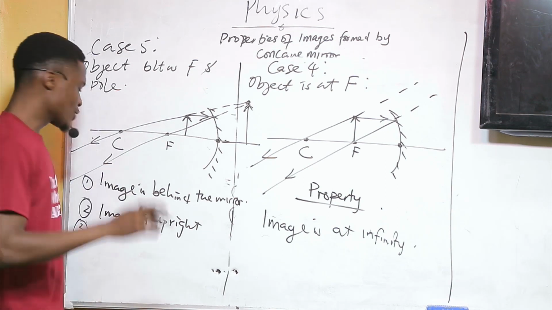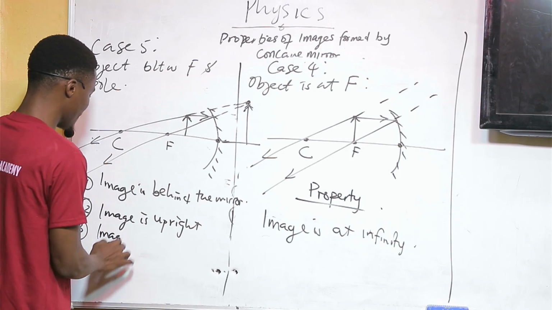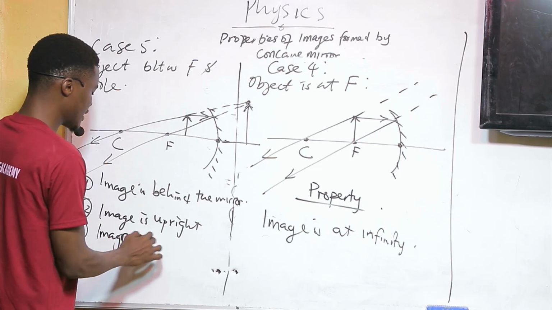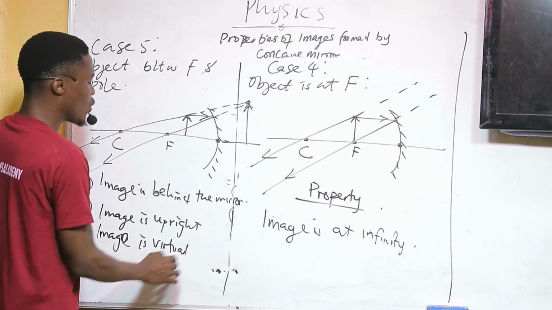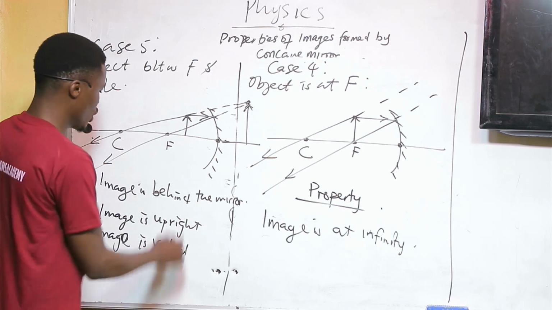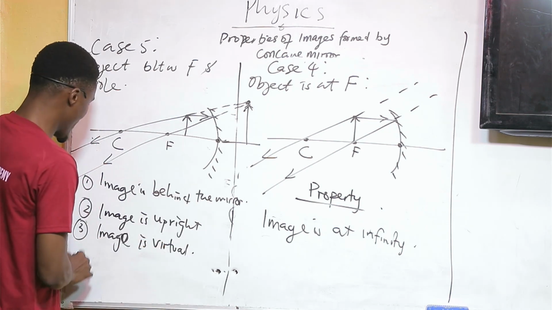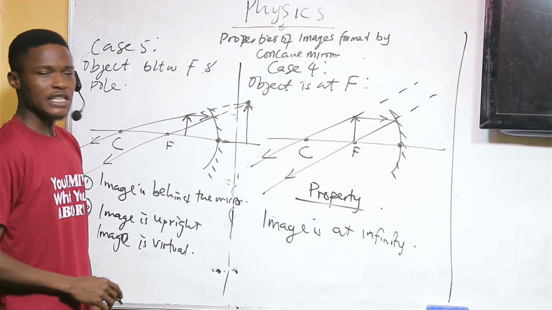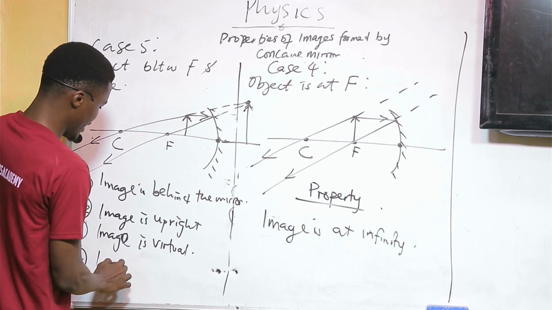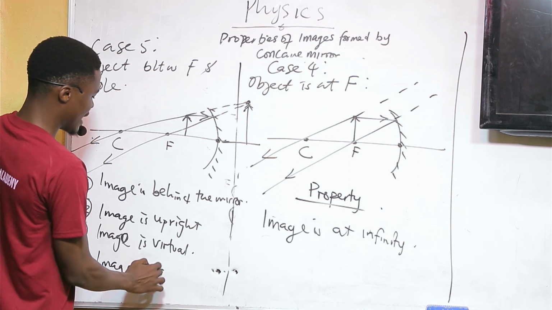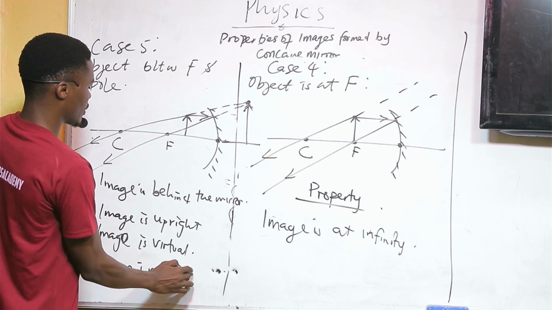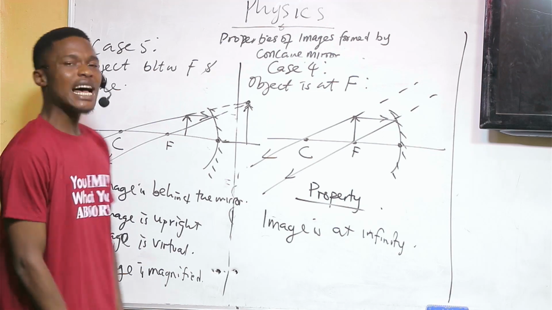It is virtual. So image is virtual. This is more like what happens when you stand in front of your mirror. And then number 4, is it magnified or diminished? It is magnified. So those are our properties.